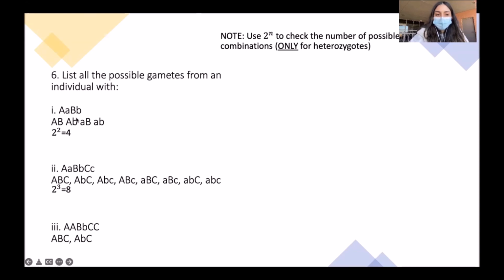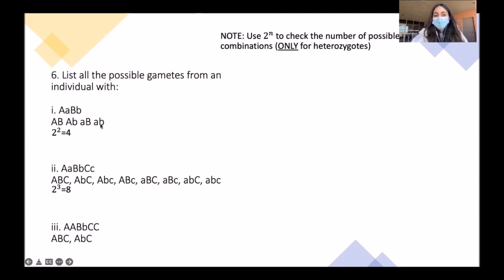So big A, big B here, big A, little b, we're going to write it here, little a, big B here, little a, little b here. So we're going to have 4.